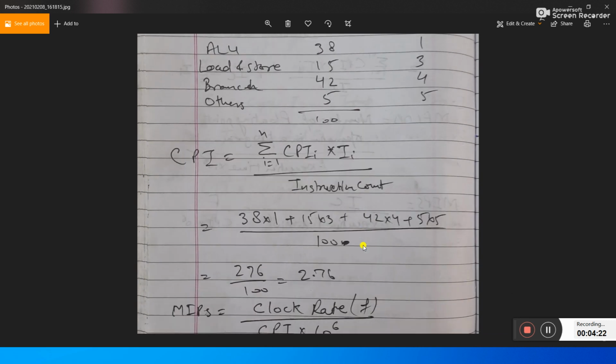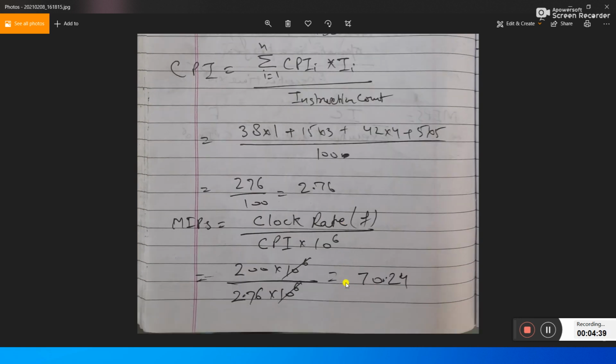How can I calculate the CPI of the CPU? I multiply 38 by 1, 15 by 3, 42 by 4, and 5 by 5, and divide by the instruction count, which is 100. I get 2.76, which is my CPI. How can I calculate my MIPS? MIPS is the clock rate divided by CPI multiplied by 10 raised to the power 6.